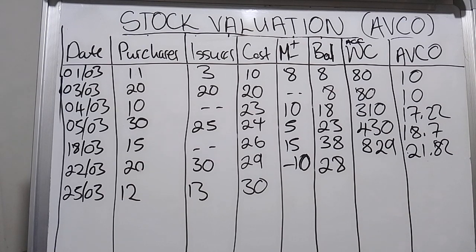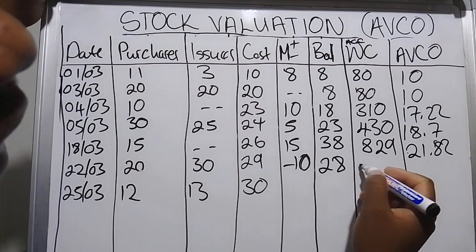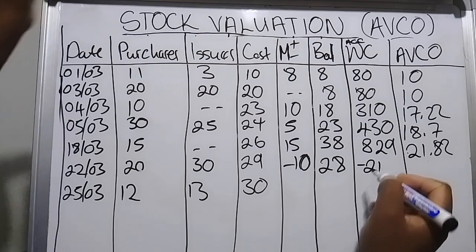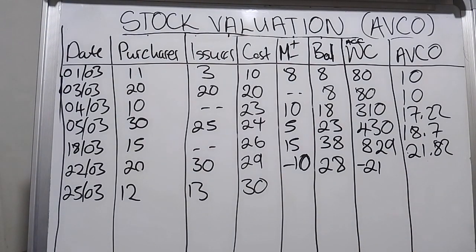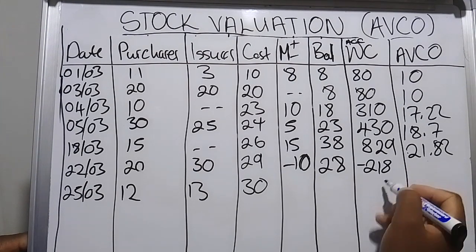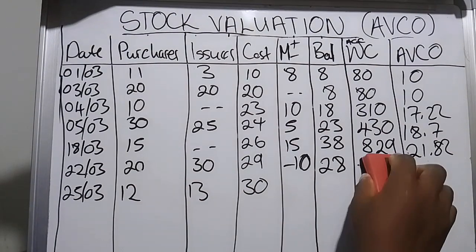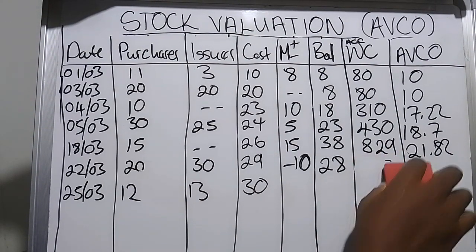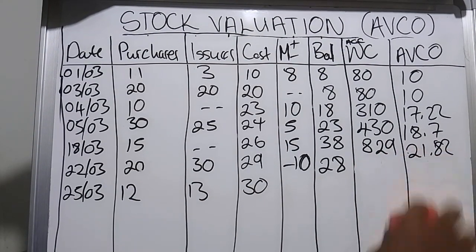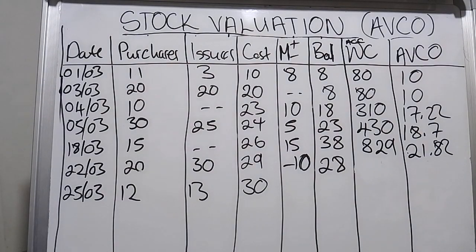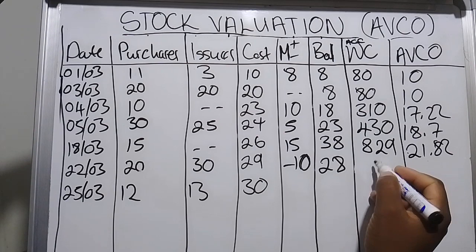Then there was a negative movement of 218. So it means 829 minus 218, we remain with 610.